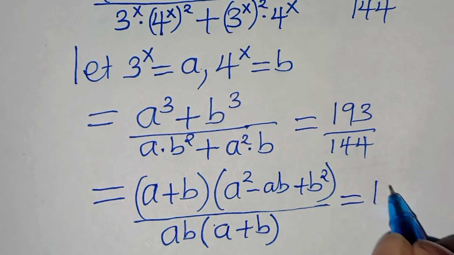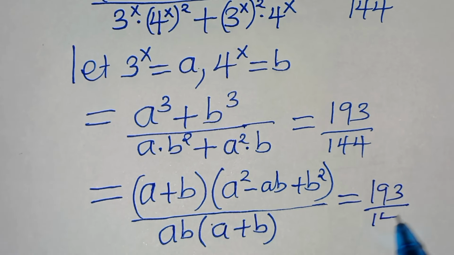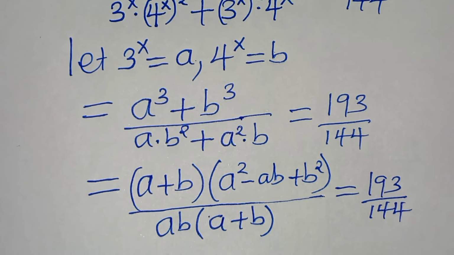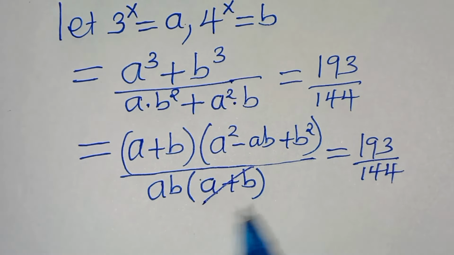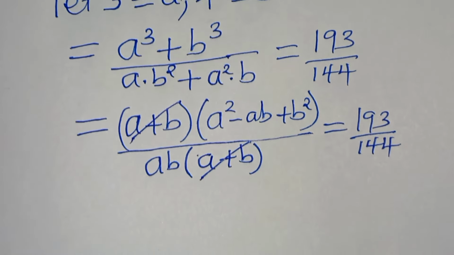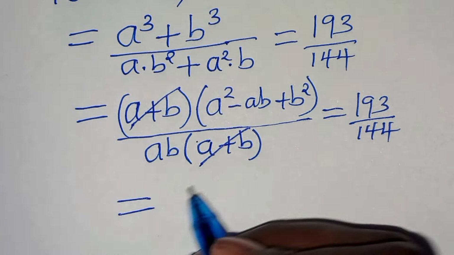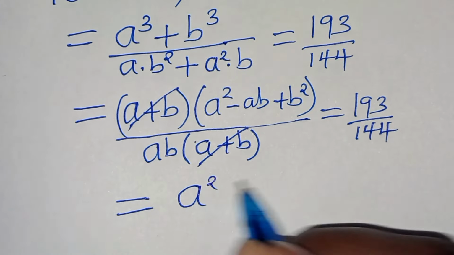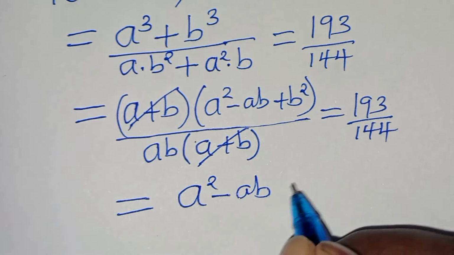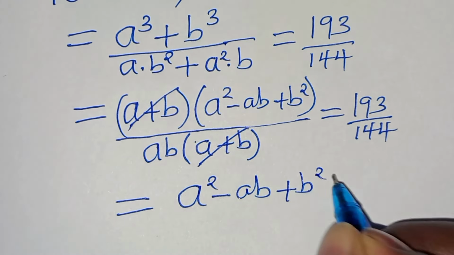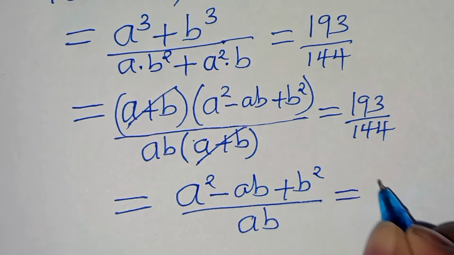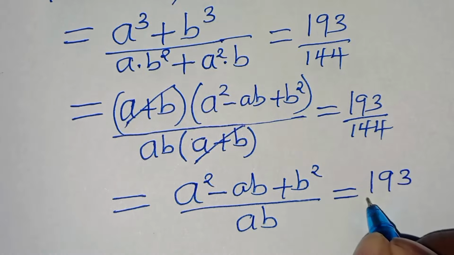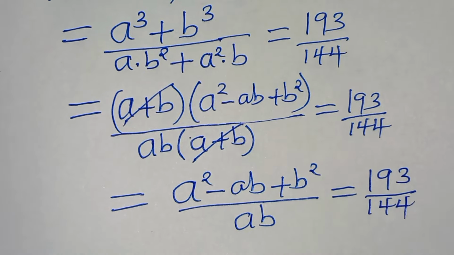This is equal to 193 over 144. So we have that a plus b is common here, so we can simplify, and this implies that we have in the numerator a squared minus ab plus b to the power of 2 divided by a times b. This is equal to 193 divided by 144.